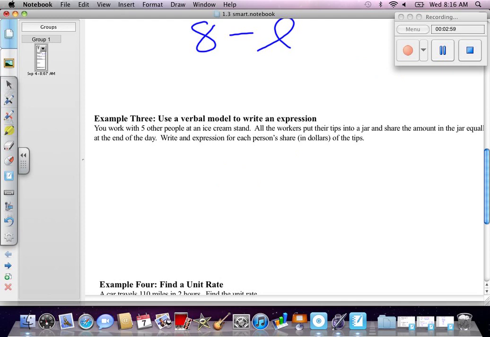You work with 5 other people at an ice cream stand. All the workers put their tips into a jar and share the amount in the jar equally at the end of the day. We're going to write an expression for each person's share in dollars of the tips. D is the dollars of tips, the amount of tips.